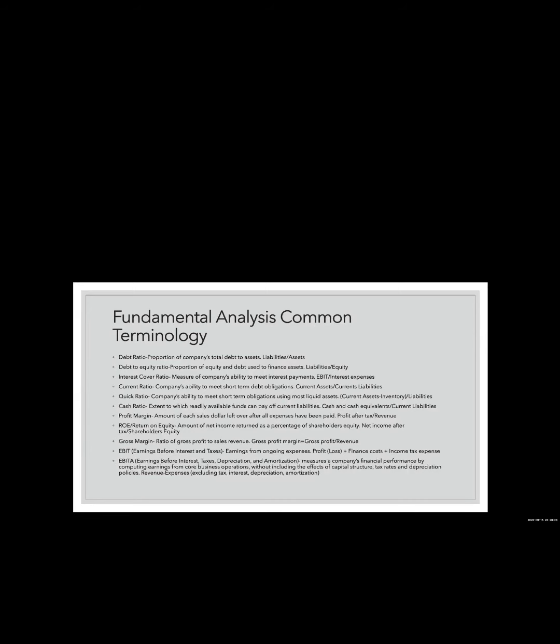EBIT, like I said earlier, is earnings before interest and taxes, and that is profit or loss plus finance costs plus income tax expenses. EBITDA is earnings before interest, taxes, depreciation, and amortization. And the equation for that is revenue minus expenses, excluding tax, interest, depreciation, and amortization.